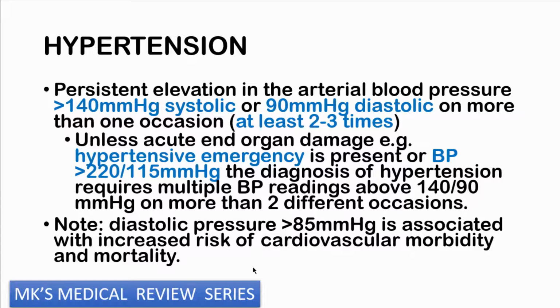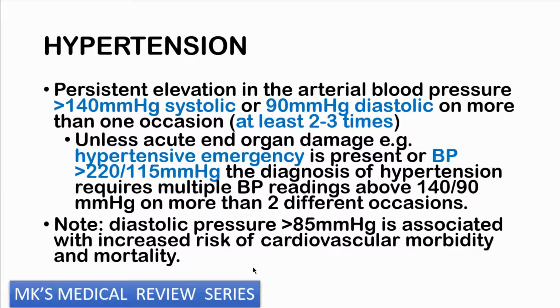Of course, in pregnant women, we do not have the luxury of telling the woman to go home and come back the next week or another day. So we usually use hours. We can split it into about 4 to 6 hours apart. Unless an individual comes to you with complications of end organ damage, or what we refer to as target organ damage, for example, if they come in with a hypertensive emergency, or with a BP that is greater than 210 over 115 millimeters of mercury, then you can make the diagnosis of hypertension there and then.